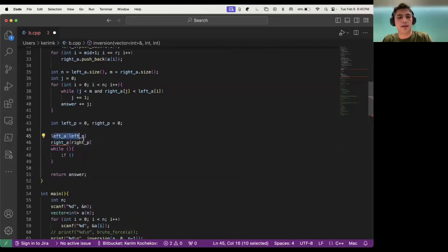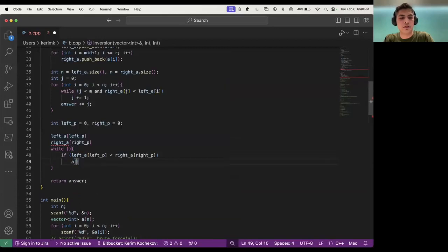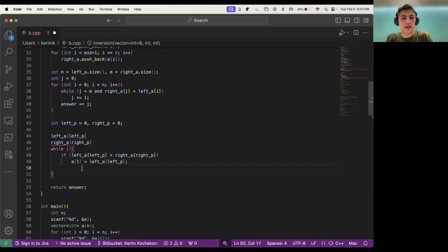So we just need to compare them. If the left one is smaller than the right part's smallest element, in that case, we need to put it at the leftmost point of A, which is L, the smallest element. After putting it, we just need to increase the left pointer by 1. So it feels like we just removed that smallest element.